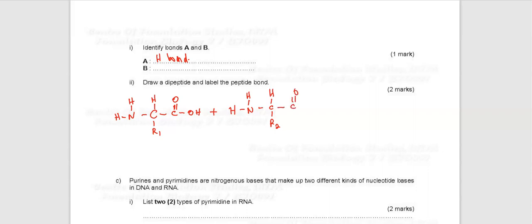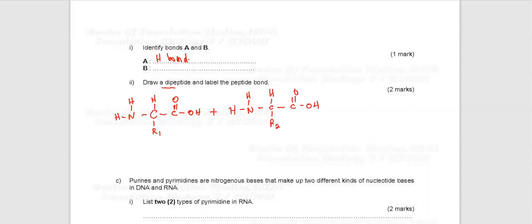C double bond O, OH. The question just wants you to draw the structure of a dipeptide. So in this case, you don't have to draw the individual amino acids. You just draw the product, which is the dipeptide. I'm drawing these 2 amino acids to make it clear for you to understand.